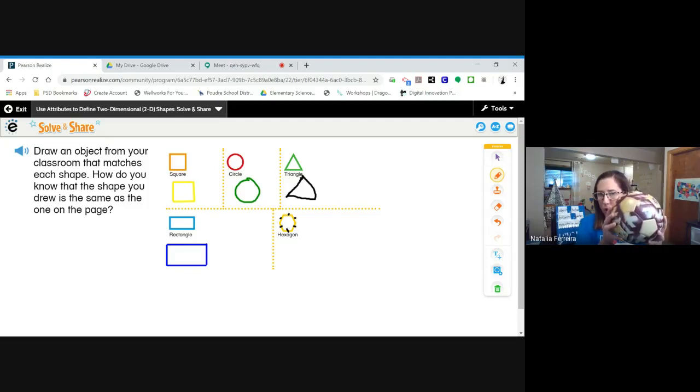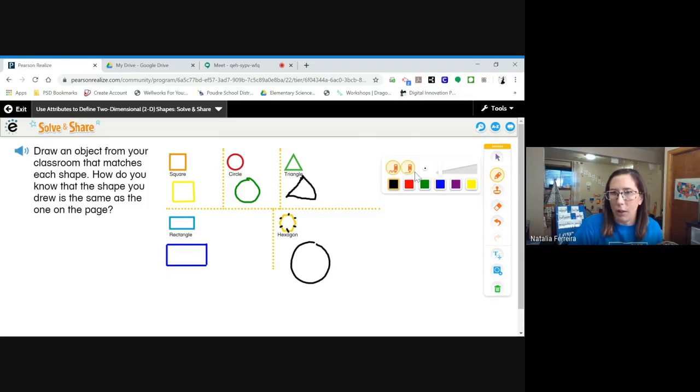I am not going to try to draw a whole soccer ball, so I'm just going to draw the ball, and then I'm going to try to draw a hexagon inside. Let's see, I'm going to use the straight lines for that one too.